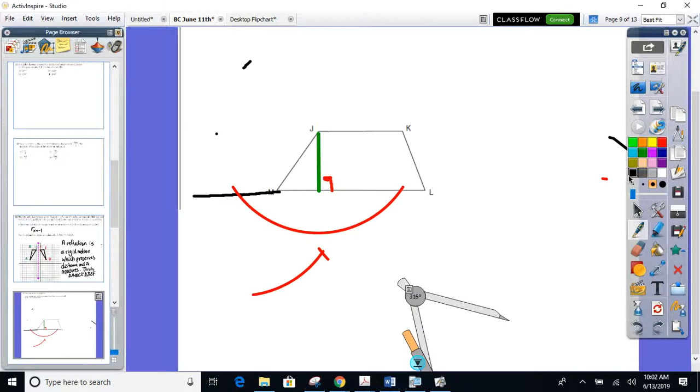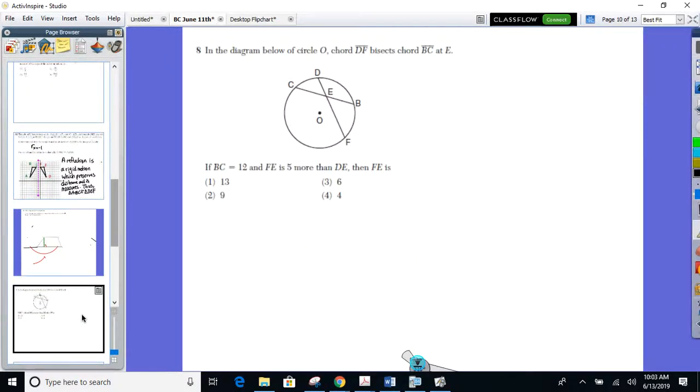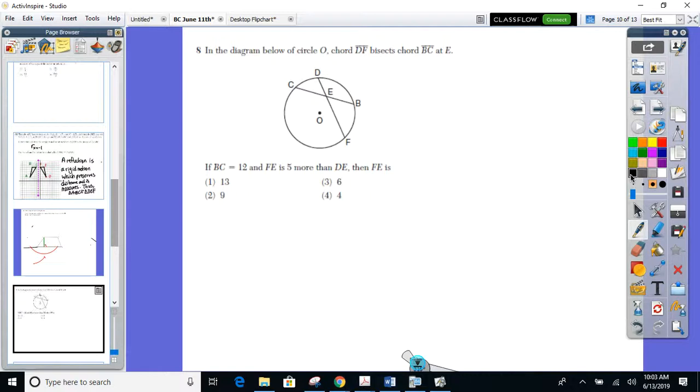All right. And number 8, let's go backwards a little bit. Number 8, just more circle facts. Have your cold hard facts with you so I don't have to tell you which fact this is.